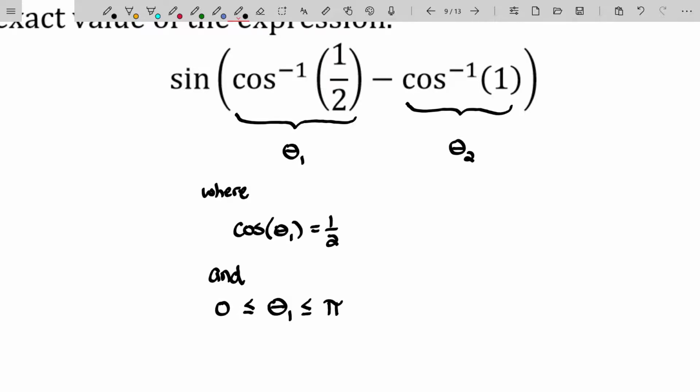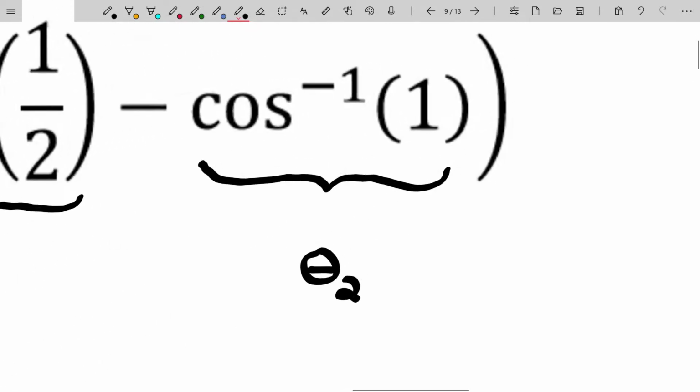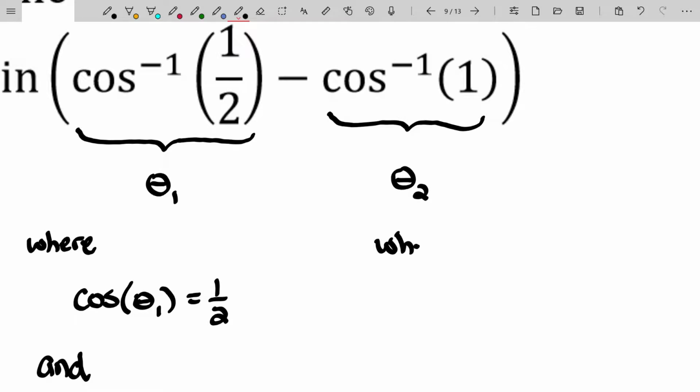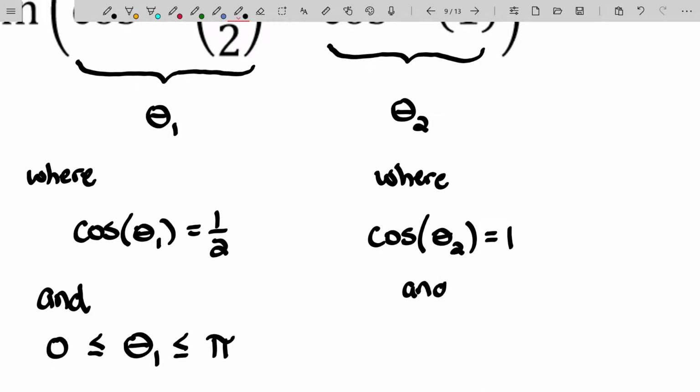Very important that you make that note. Same thing about this cosine inverse of 1 equaling a theta sub 2. That is where cosine of theta sub 2 is equal to 1. Again, I just want to make a mention. Cosine inverse only returns angles between 0 and pi.